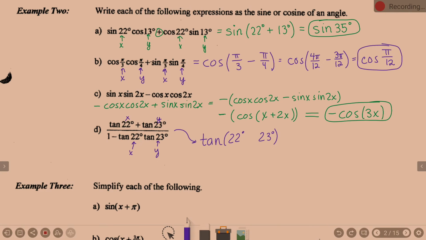He says add. Do we agree? In total, you should get 45. Adding, because on top of the tangent identity is plus or minus, so we do the same as the top sign. The bottom of the fraction says minus or plus, so it's the opposite of that sign. So it is plus, and 22 plus 23 is 45. It is tangent of 45 degrees.